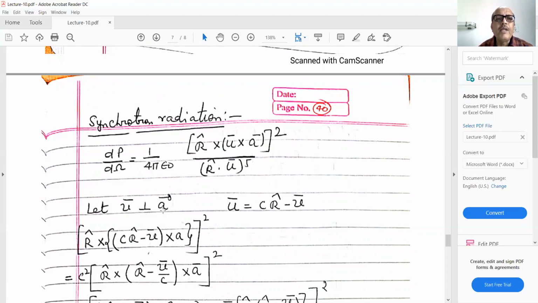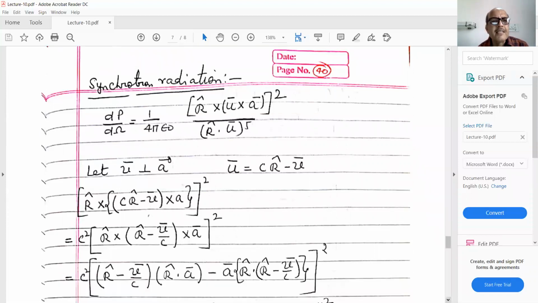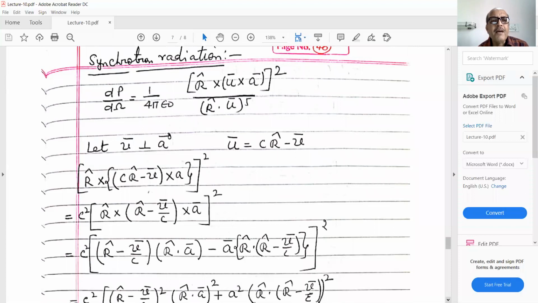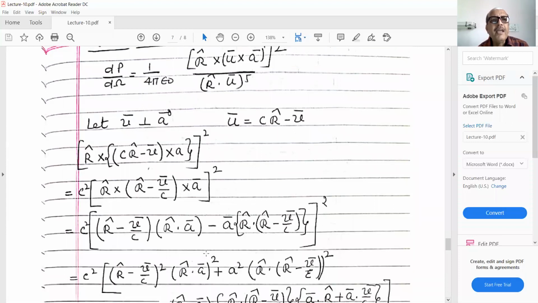So if v is perpendicular to the acceleration, the things are not as simple as compared to v parallel to a, because when we took v parallel to a, then u cross a reduced to a small term. But here it is r cap cross c into (r cap minus v cross a). So we are left with r cap cross (r cap minus v upon c cross a), and we have to take the square of this.